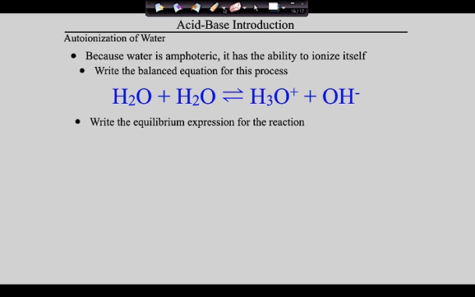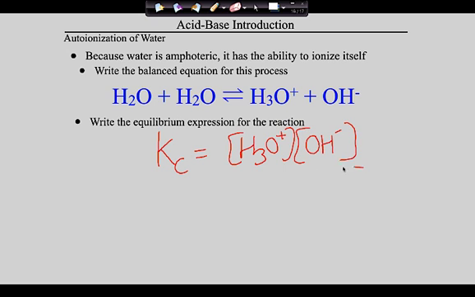So guys, Kc expression looks like this, right? Kc is equal to products divided by reactants. Our products are hydronium and hydroxide and water, and there's two of them, and so we'll just square it. Good? Bad. Why bad?